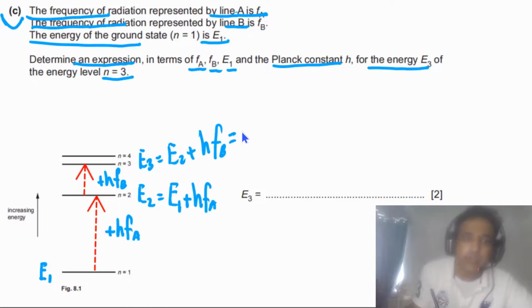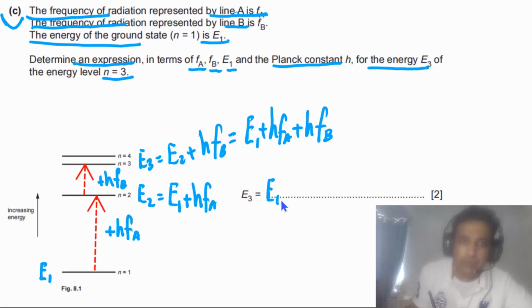So simply we can say in this case E3 has to be equal to E1 plus hFA plus hFB. That's all what you need to write down. So simply you can write down here E1 plus hF sub A plus hF sub B.